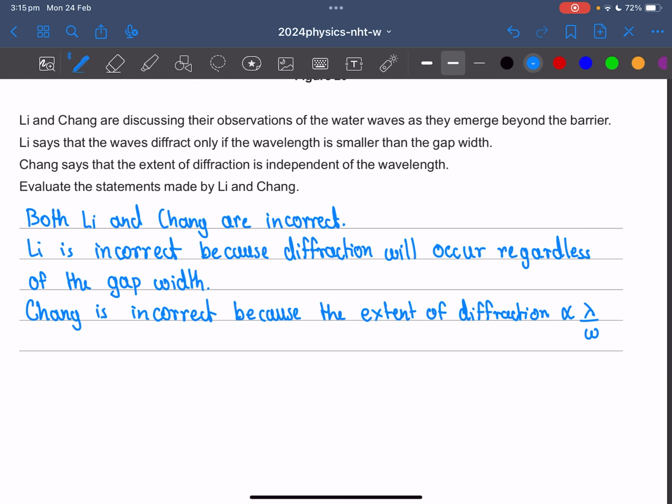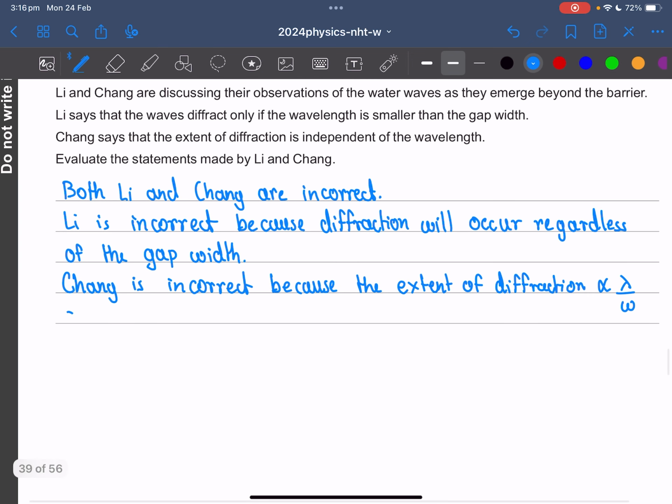So lambda is just the wavelength and width is the gap width. And hence, it does depend on the wavelength.